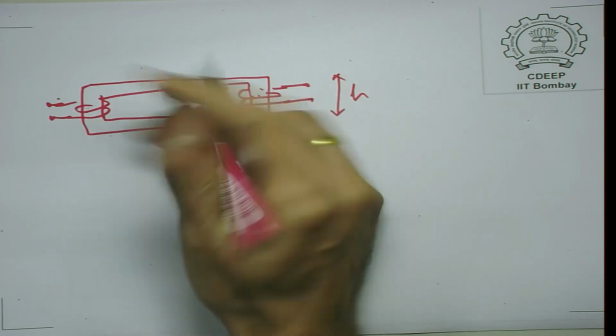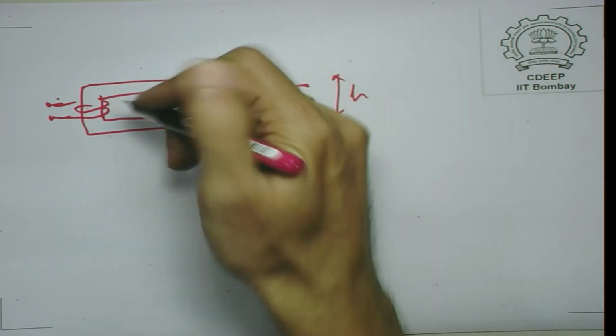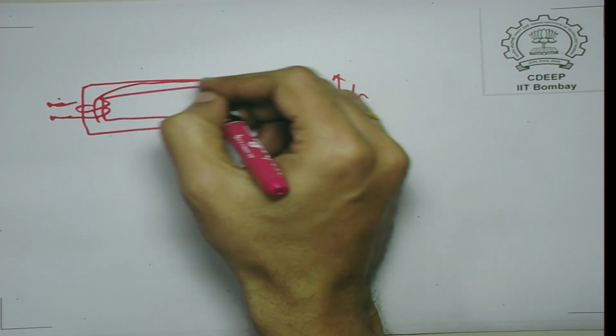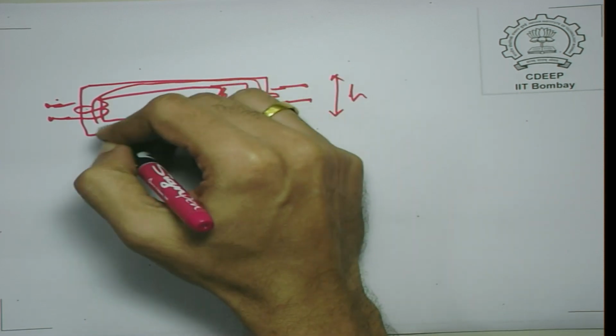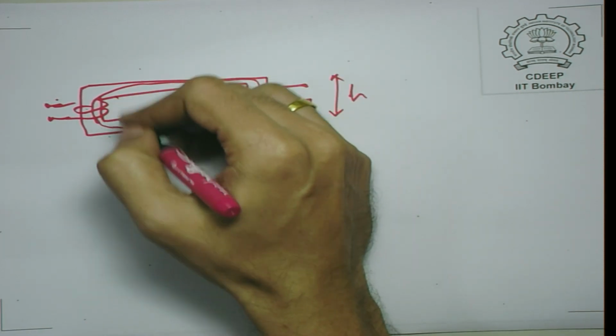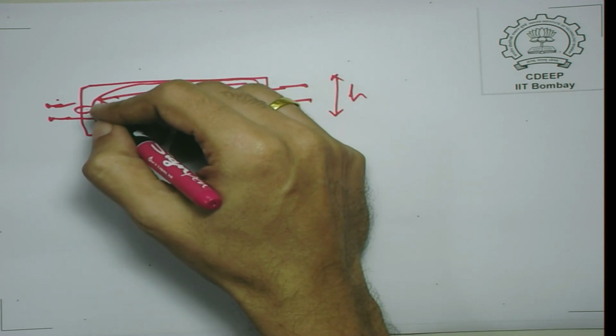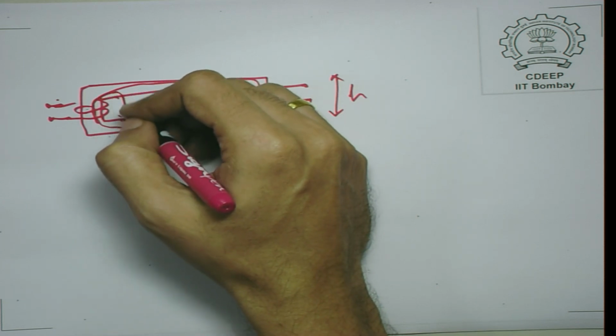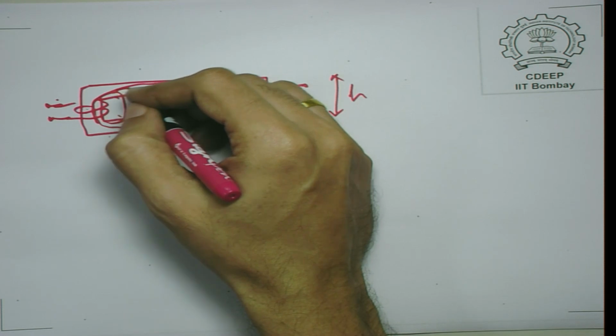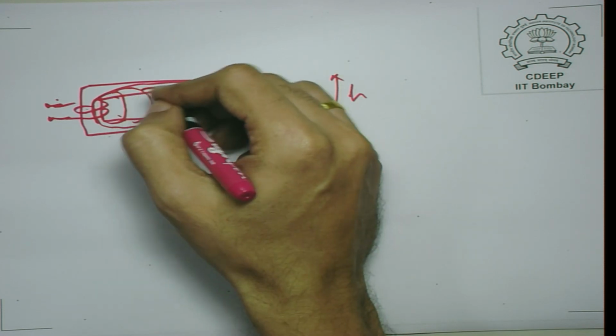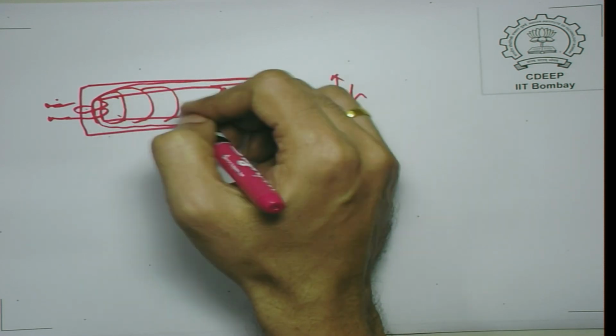Now, if you have a short transformer, this height is less. The flux of course flows through this path, but since this distance is lower, it may flow through the air path as well.